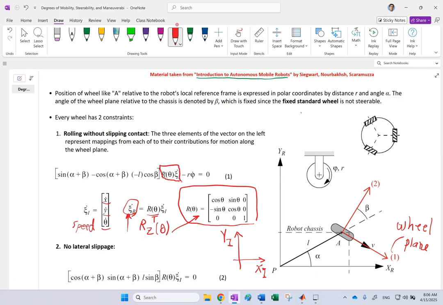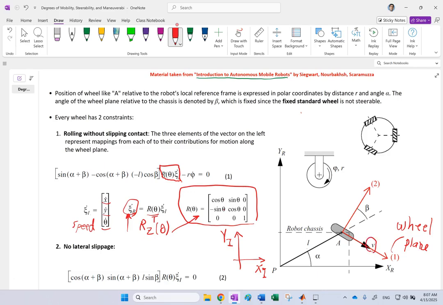Now, we know that if that's the case, then the xi dot r, or this entity, will have some components, right? Let's talk about the components of it and see how we can project them on the axes 1 and 2, and then compare it against the forward velocity of the wheel, which is the only velocity that the center of the wheel can have, v.